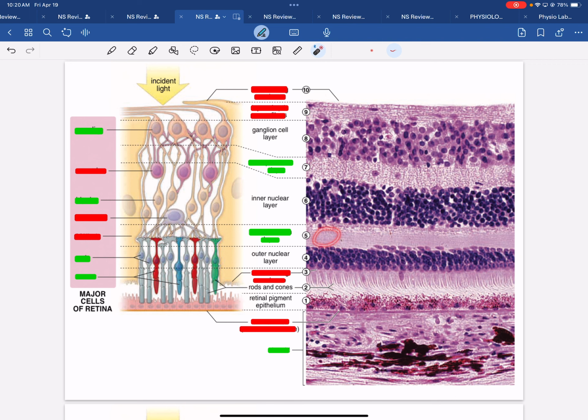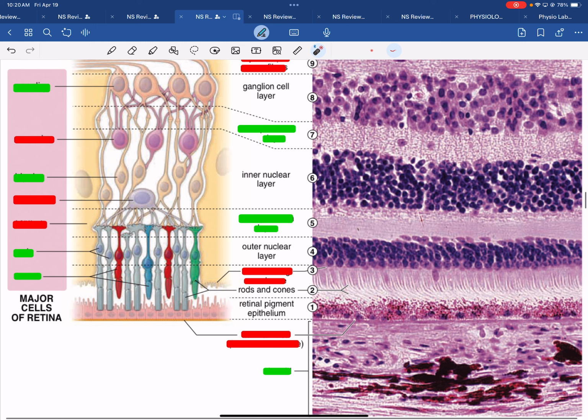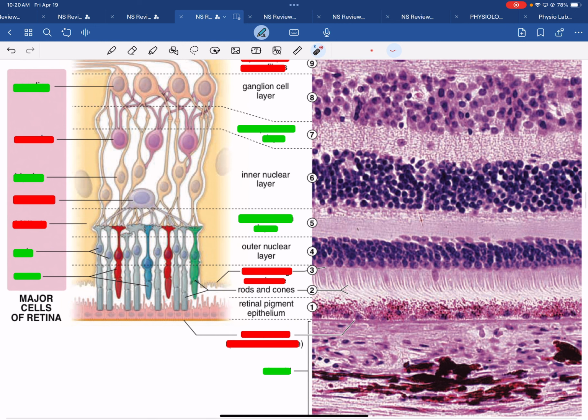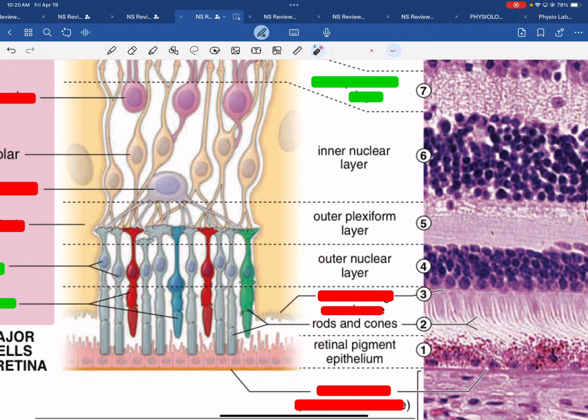There are two places where there are synapses. The photoreceptors synapse with these ones. What are these ones? Good, bipolar cells. So they synapse with the bipolar cells here. What is this layer? It's the outer plexiform layer. Plexiform just means network, right? Because that's what they're doing.